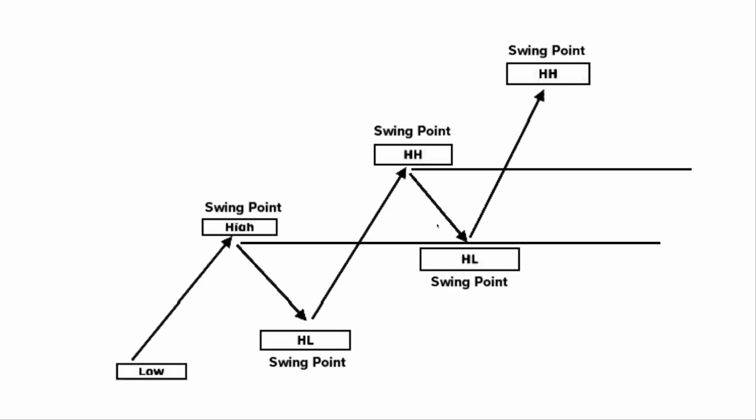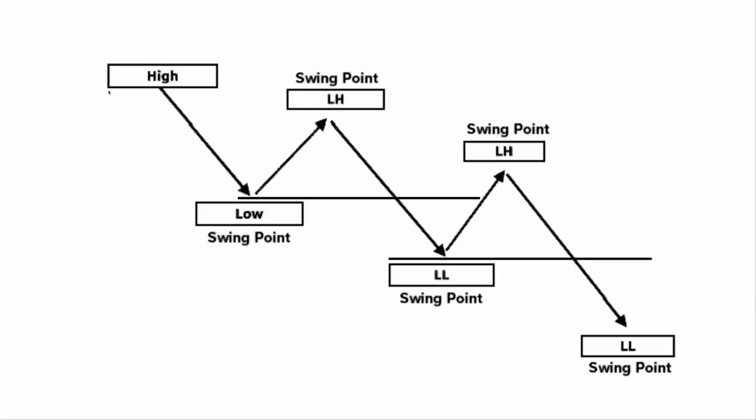Price comes back down into a higher low, but it respects this old high. This is an SR flip, which we will go into more later on. Continuing on, we are making a higher low and moving up, and price is making a higher high and taking out this swing point, making this the new swing high.